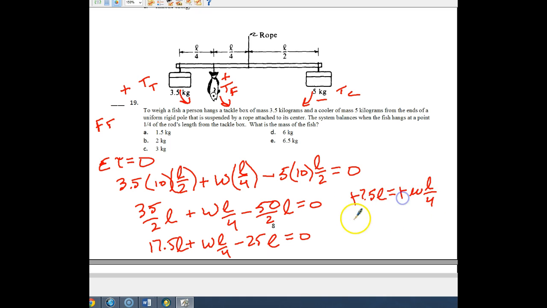The negatives become positives. I'm going to take 7.5 times 4, and that is 30. These L's go away, and that's equal to the weight. It doesn't want weight, it wants mass, so I just take my weight and divide it by gravity, that's equal to mass. And so now I end up with 3 kilograms for number 19.